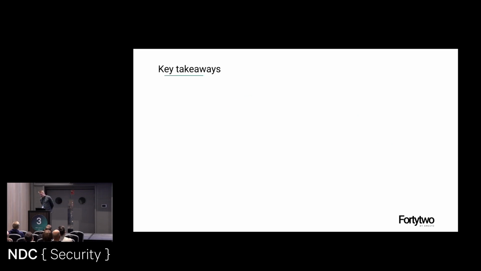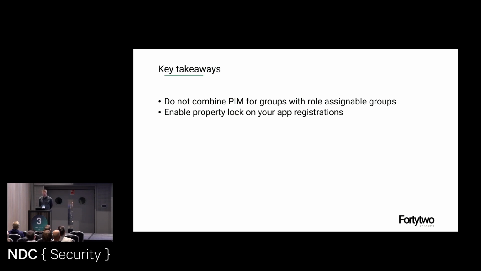Let's do some key takeaways. First of all, do not combine PIM for groups with role assignable groups. As we showed, where there's no protection of users, make sure that you enable property lock on your app registrations so that you cannot add additional credentials. You should monitor app credentials both on app registration level and service principal level.